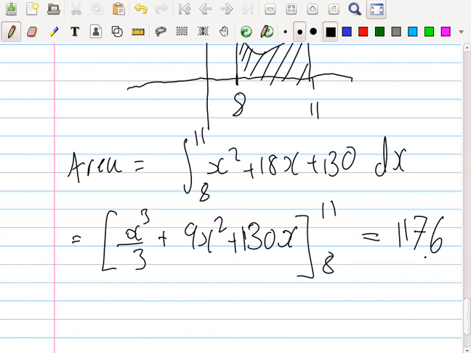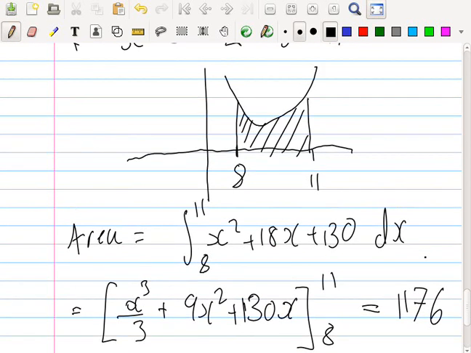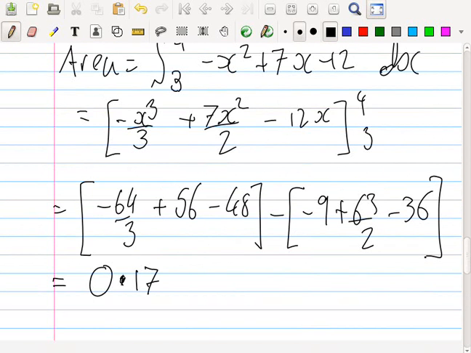Can you go on to the last one before? Previous example. I just want to, yeah.